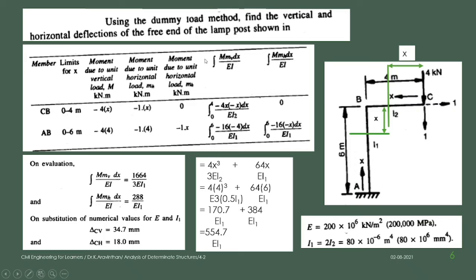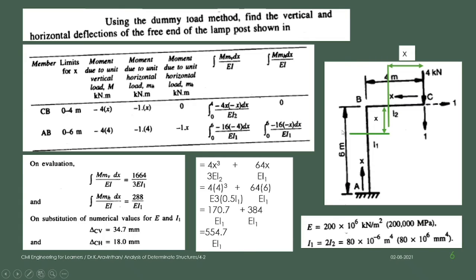Hence the real load moment is done, and if you need the virtual moment you have to apply a virtual load. So how many deflections do you need? You need two deflections, that is vertical and horizontal. So let us apply a vertical load at the point C. This is the place where you need the deflection. So we apply the vertical load at the place where you need deflection, and at the same place you have to find the moment.